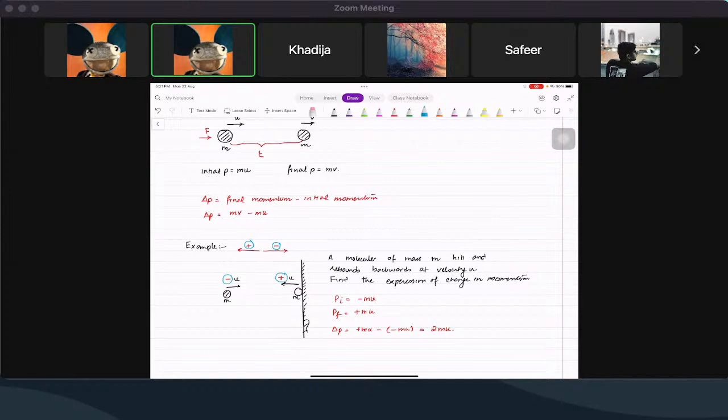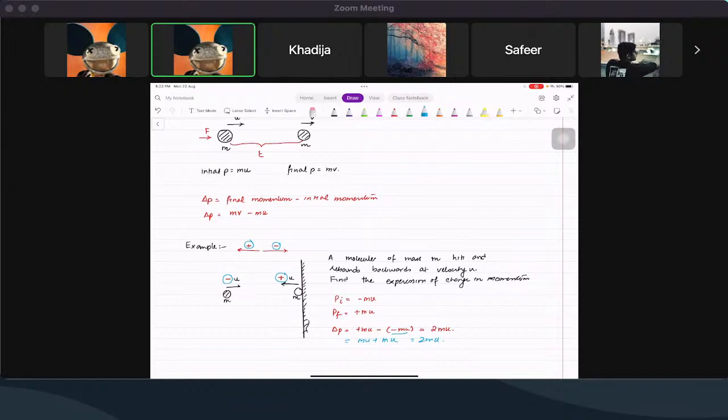When you put it in the formula, final momentum minus initial momentum, and the initial momentum is minus, so minus and minus will be plus, so it will be mu plus mu, which is basically 2 mu, not 0. Understood? Yes, sir. Thank you. So always remember to check the directions.